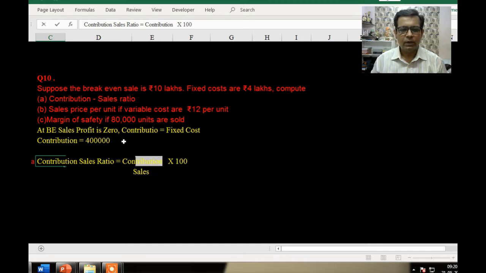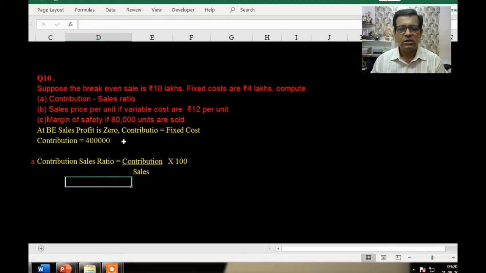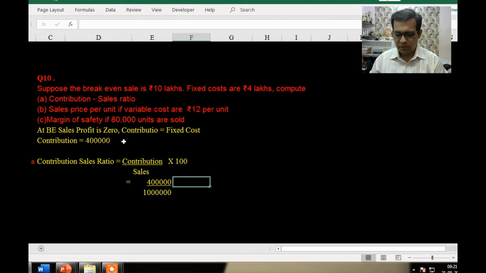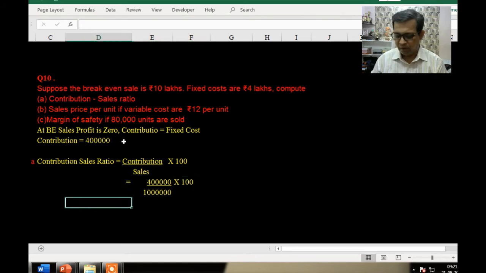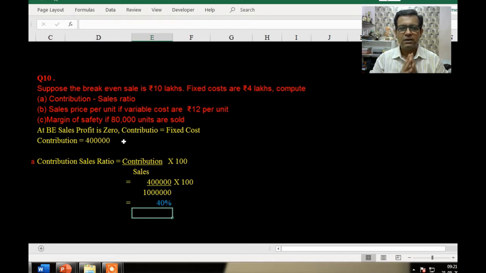Now what's the contribution that we have and what's the sales that we have? The contribution that we have is 4 lakh, and the sales already given to us in the question is 10 lakh, and this we multiply by 100. So what's the answer that we get, guys? Perfect, that's excellent, 40%. So we have got our first question solved. We have got our contribution sales ratio at 40%.